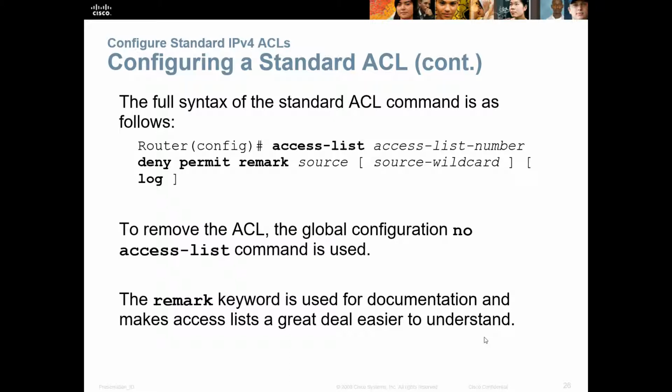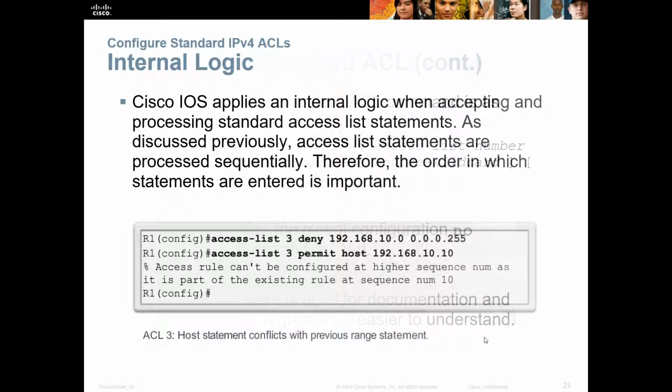Remark is a keyword used specifically for documenting your ACLs. So access-list 3 deny, access-list 3 permit, but why do we get the error that access rules can't be configured at a higher sequence number as it is part of an existing rule?